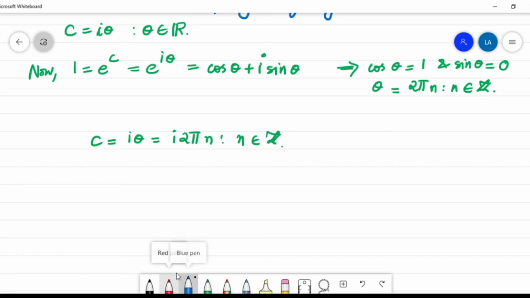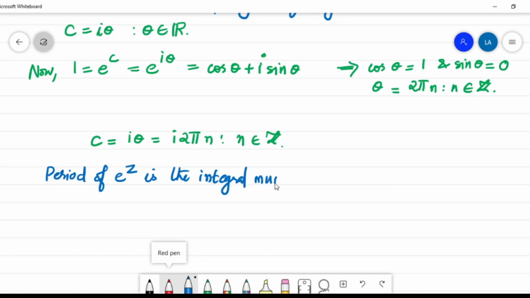So, now we got an important piece of information which says the period of e raised to z is the integral multiples of 2 pi I. This is a very important property of the exponential function.